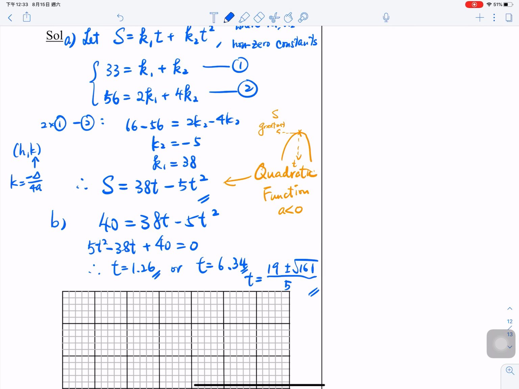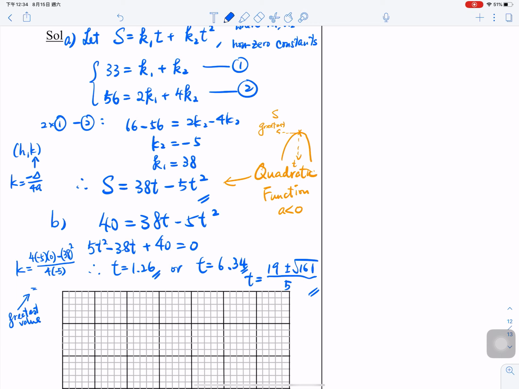So k equals 4ac minus b squared, and then over 4a. Now a is negative 5. And you find that this is the greatest value.